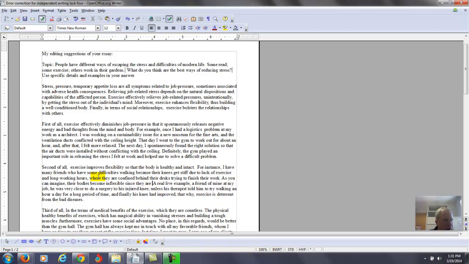Furthermore, a friend of mine at my job was very close to having a surgery on his injured knee, but his therapist told him to try walking an hour a day for longer periods of time to see if the knee would develop a higher range of motion. Fortunately, due to his rigorous exercise daily, his knee became more flexible, and he was able to avoid a serious operation of the knee.